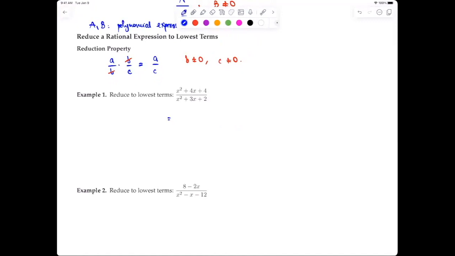That's 2 and 2. So the numerator is x plus 2 times x plus 2, divided by the denominator. What are the factors? Plus 1 and plus 2. So I get x plus 1 times x plus 2.